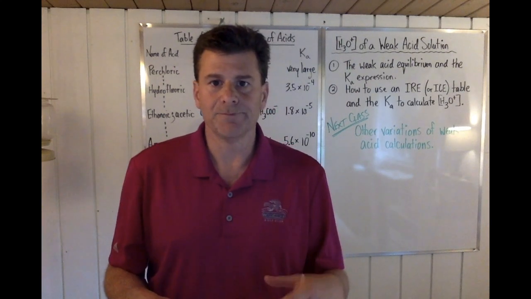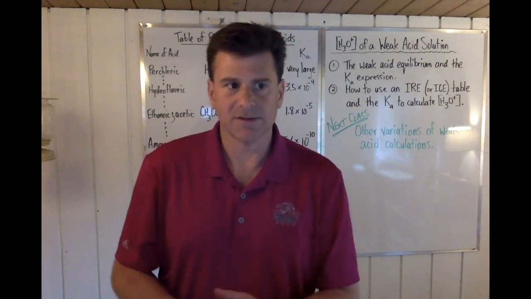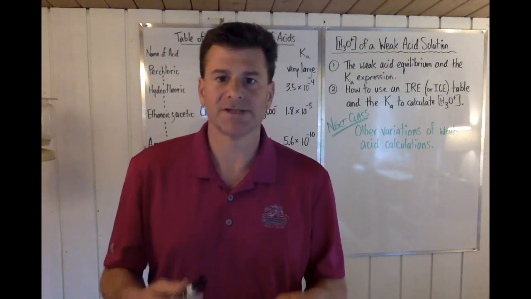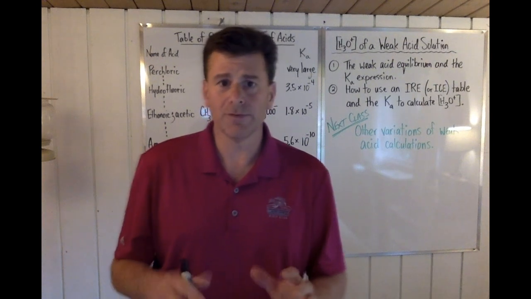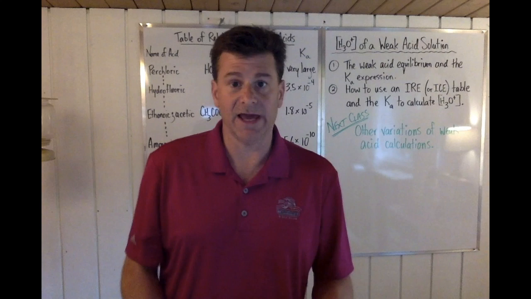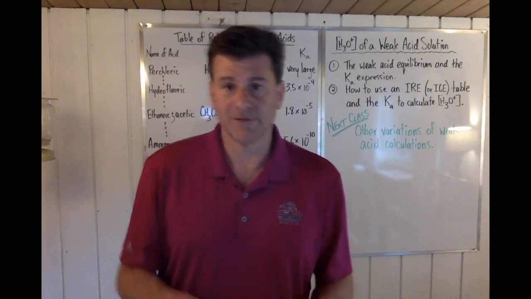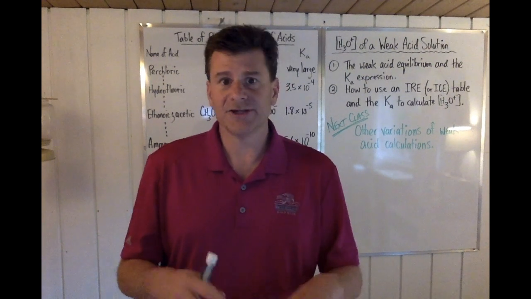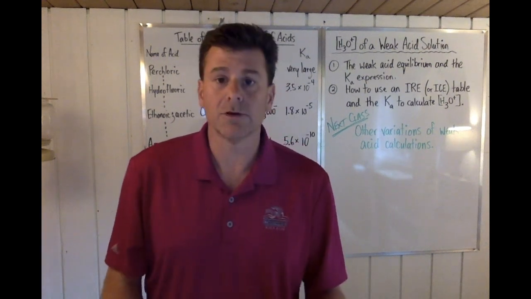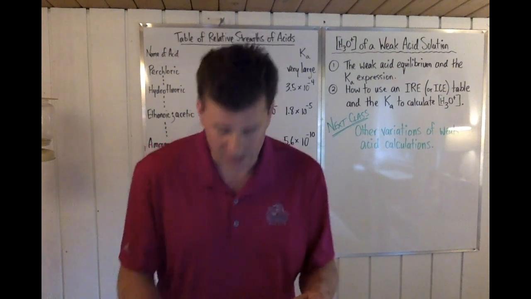In that data booklet on page 6, there's a table that says relative strengths of Bronsted-Lowry acids. So we use that as a resource for our values of Ka, which are equilibrium constants for a whole bunch of different weak acids. I'll introduce you to that, and then I'll go into an actual calculation that involves a weak acid.